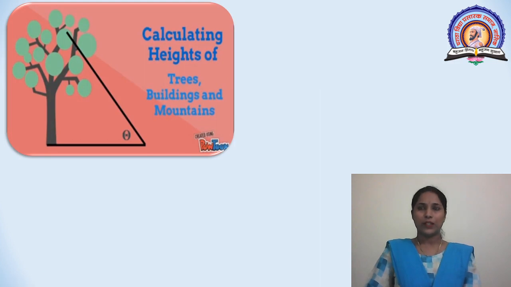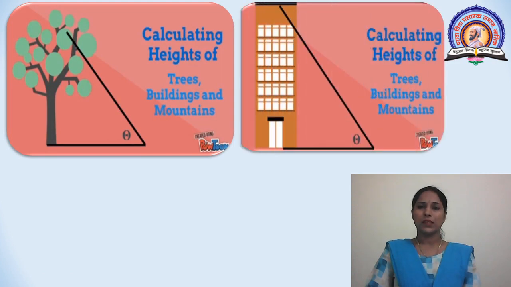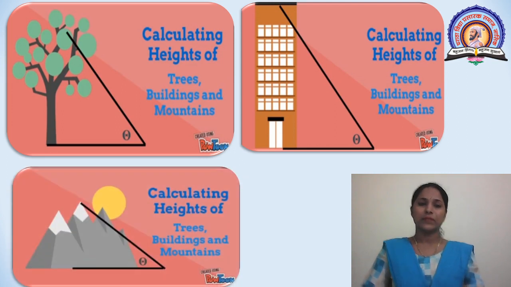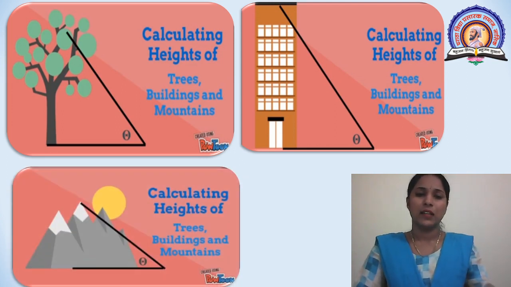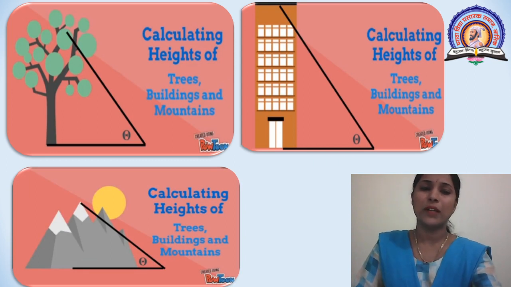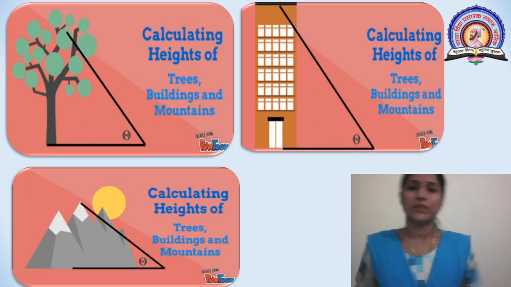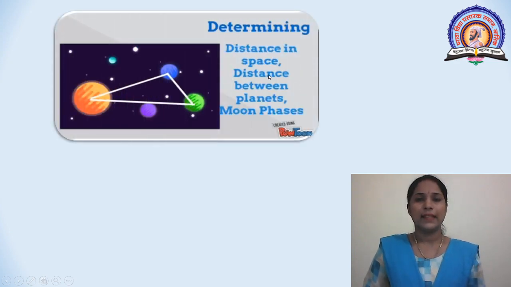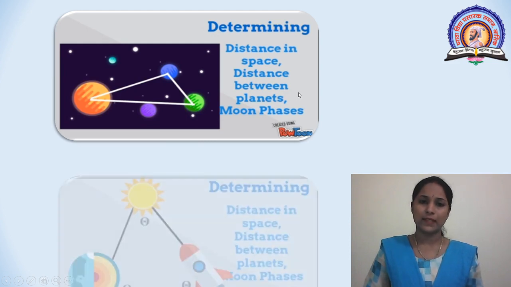One more application: calculating height of trees, calculating heights of buildings, calculating the heights of mountains. This is an application in astronomy to determine the distance in space, distance between the planets, moon phases.